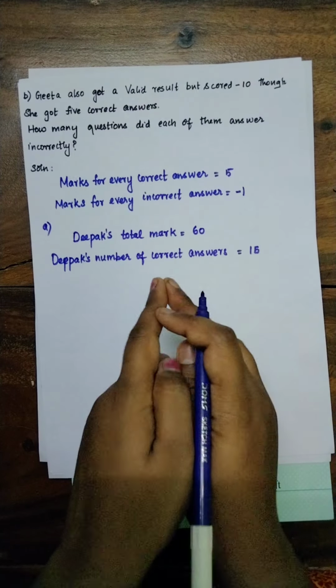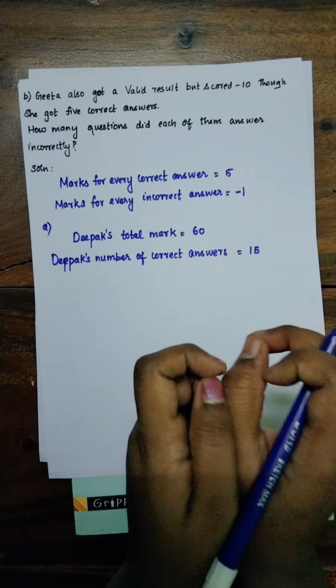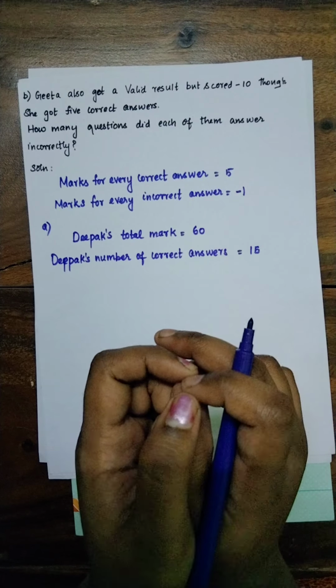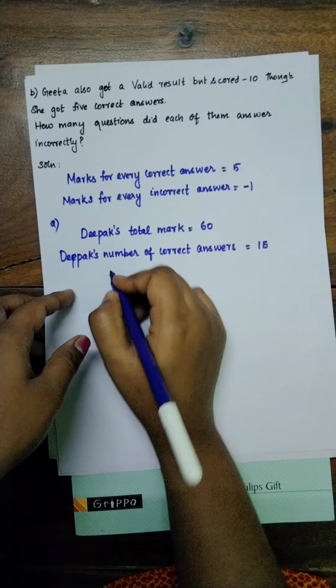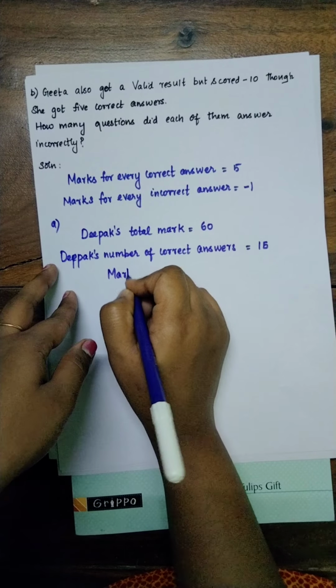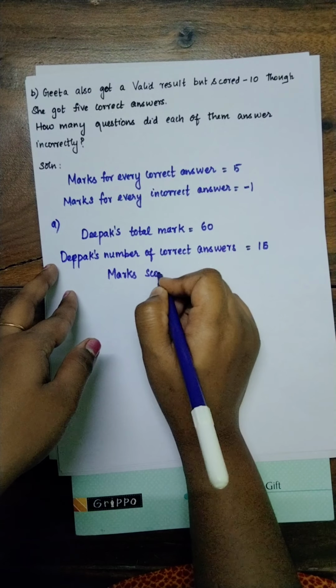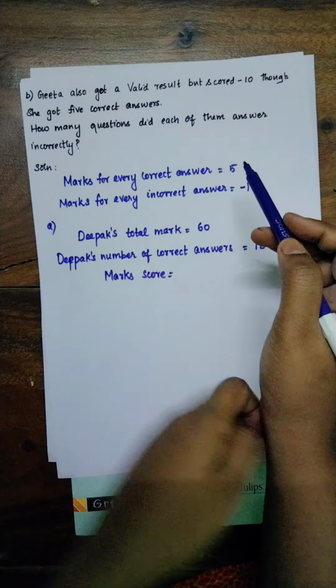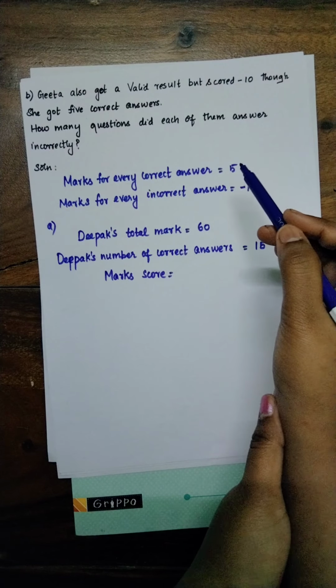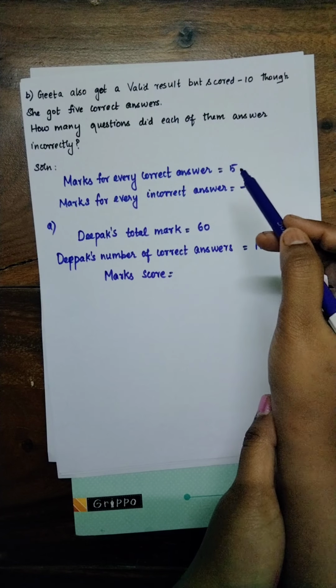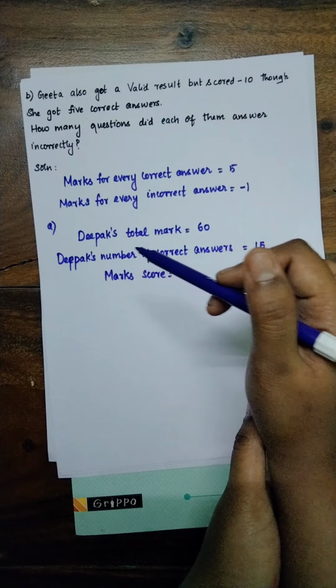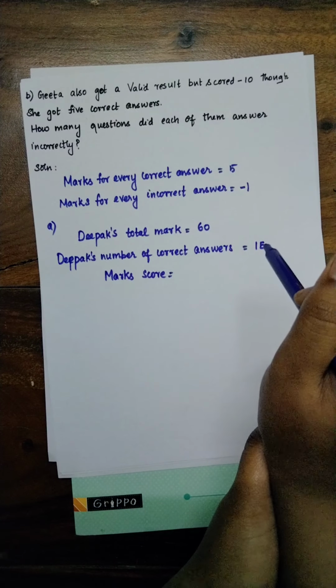Next we are going to find the marks for these correct answers. Marks scored is equal to, for one correct answer how many marks are they giving? For one correct answer they are giving 5 marks, but here Deepak's number of correct answers is 15.